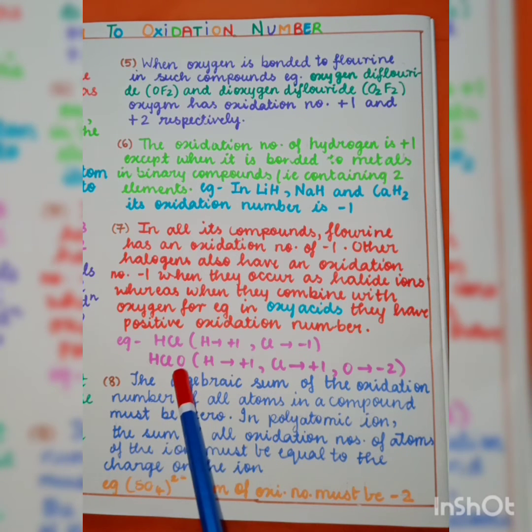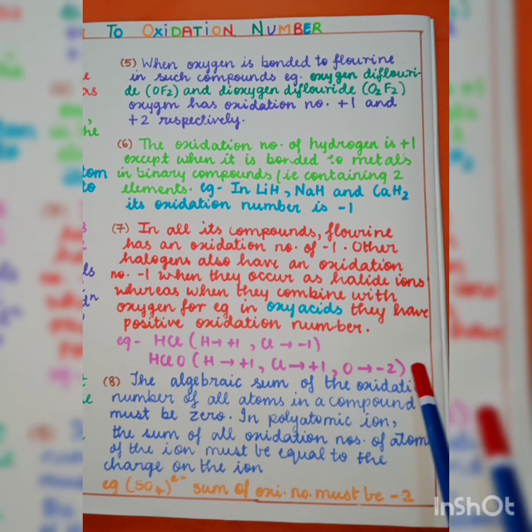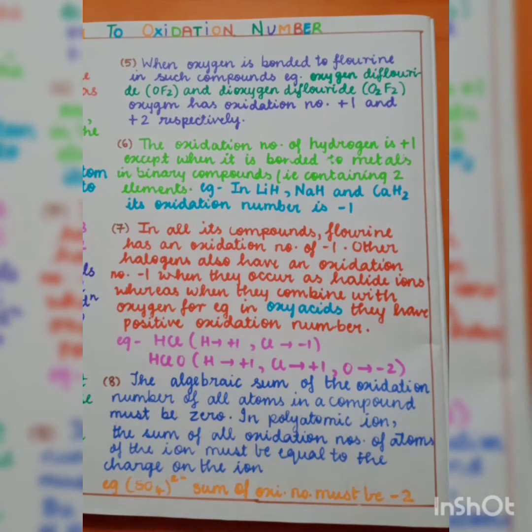And when we have oxygen in the compound, then chlorine gets a positive oxidation number, and O2 will always have -2 oxidation number except in peroxides, superoxides, and when it is bonded to fluorine. I hope you are clear with rule number 7. So I will now move on to rule number 8.